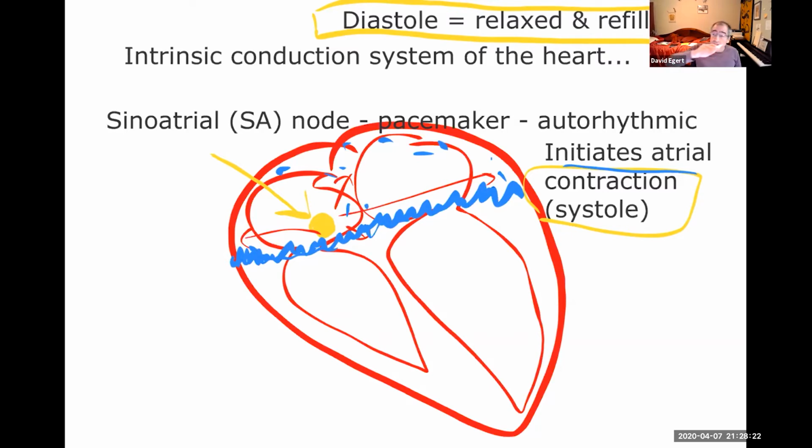So we're going to need a special little electrically conducting pathway to send the message down to the ventricles. So there's another little node, which is going to be called the AV node. This is the atrioventricular node.